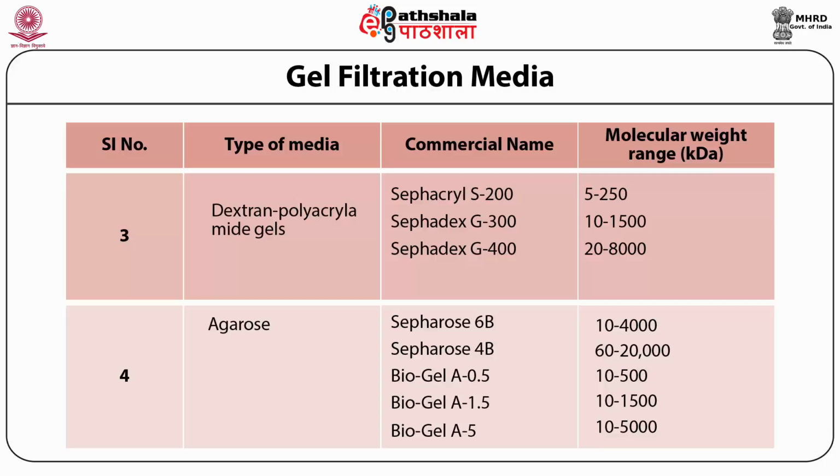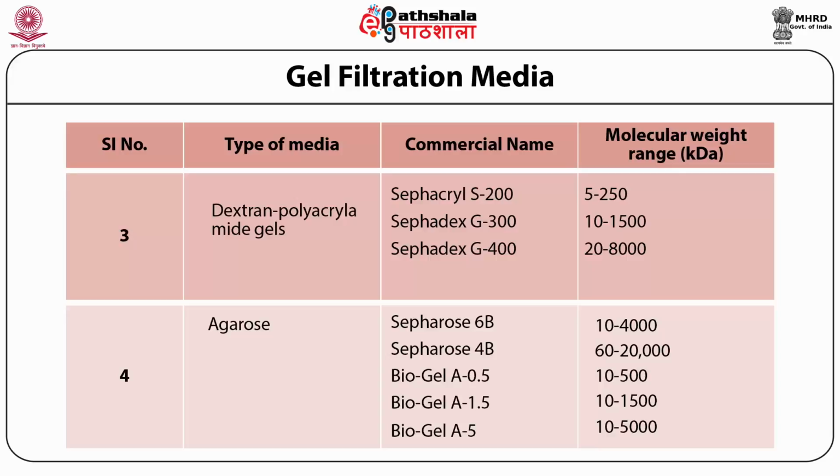Another, agarose based media, is also available commercially. It is known as Sepharose or Biogel A, and their range is from 10 kilodalton to 5000 kilodalton. The table shows again different commercially available media for gel filtration chromatography.